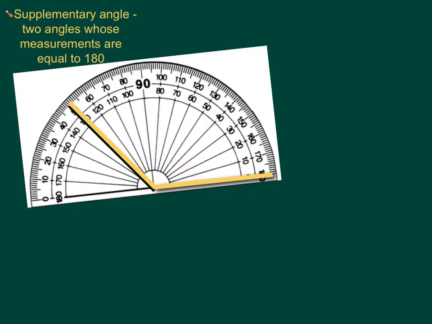And so now I can count. I see that I have 10, 20, 30, 40, 50, 60, 70, 80, 90. Well, this is clearly not a 90-degree angle. It's much wider than that. So I'm going to use the numbers at the bottom to finish measuring my angle. So I have 90, 100, 110, 120, and 130 degrees. So this angle measurement here is 130 degrees.